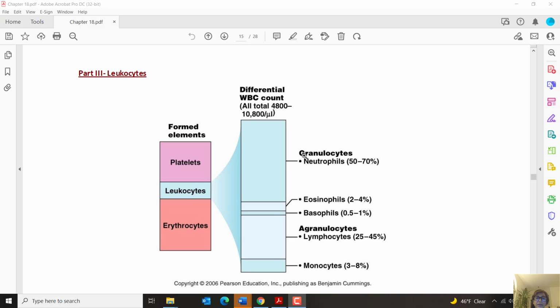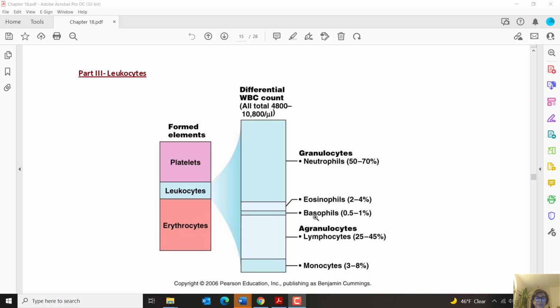Going back to neutrophils, these are cells which take both the stains, red and blue, so that's why they are neutral or purple in color. These are the granules which accept the stain. If the granules accept eosin, the red stain, they look red in color and are called eosinophils.